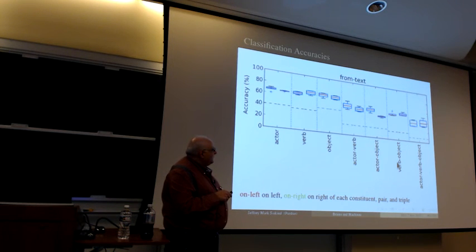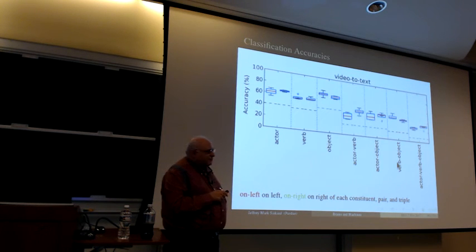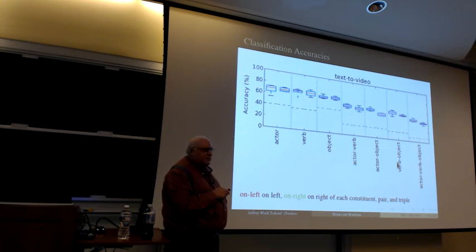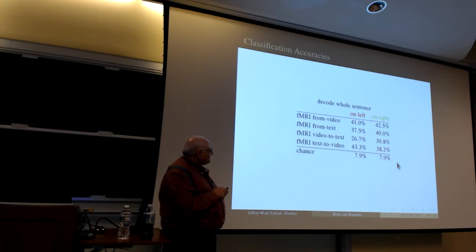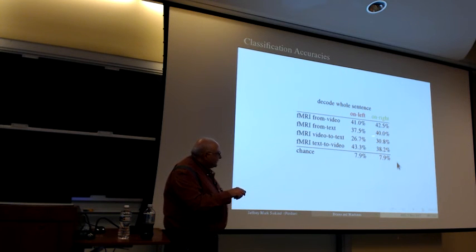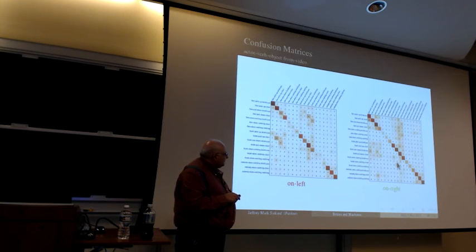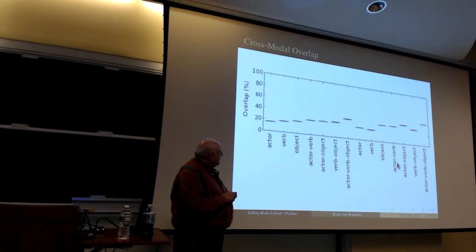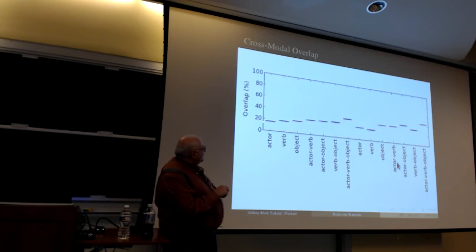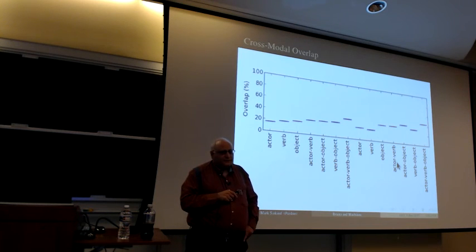From video, from text, and again, cross-modally, train a model just in video, test it on text, train a model just in text, and test it on video. We could read out an entire sentence, way, way above chance, even cross-modally. We can measure the cross-modal overlap, and it's somewhere between 20 and 40%.